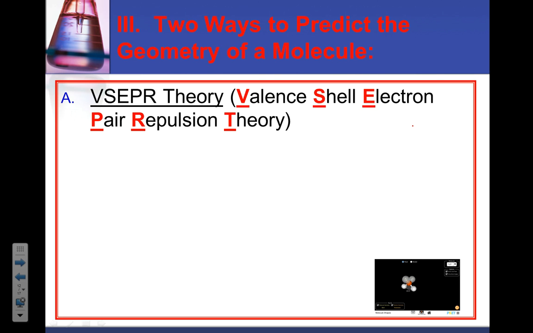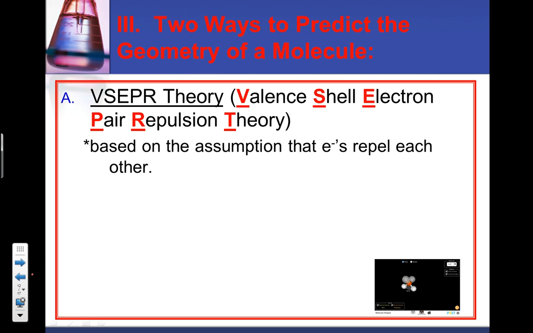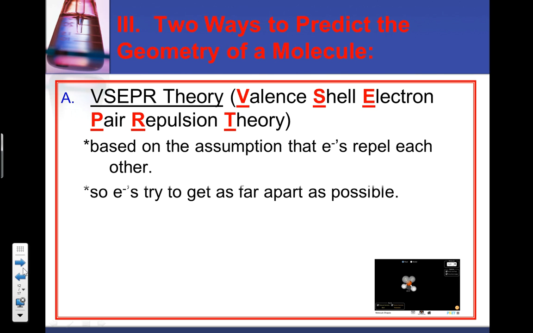But those valence electrons are the ones involved in bonding, and they repel each other. So VSEPR theory is based on the assumption that your electron pairs repel one another, thus the name valence shell electron pair repulsion theory.